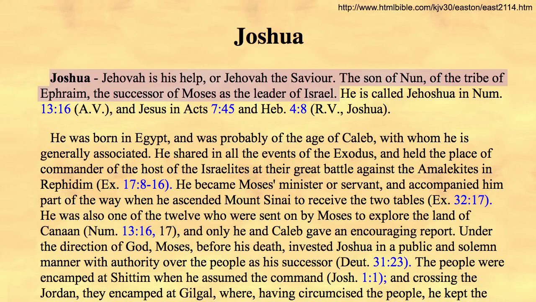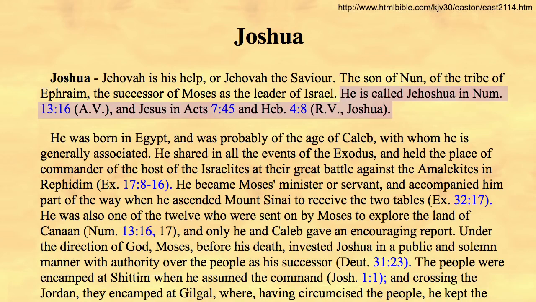In other words, Yahweh is salvation. That's what Joshua means. It says, the son of Nun of the tribe of Ephraim, the successor of Moses as the leader of Israel. Meaning he took over after Moses passed on. Watch this. It says he is called Jehoshua in Numbers 13 and 16. And Jesus in Acts 7 and 45 and Hebrews 4 and 8.